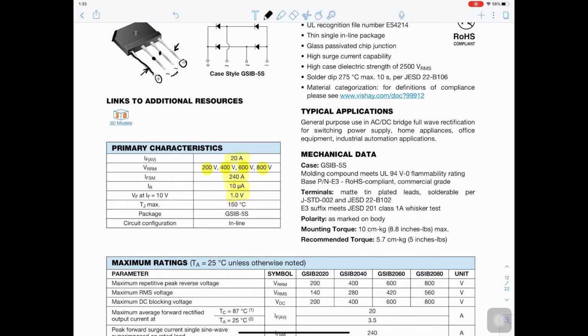Okay, so if you sketch the characteristic of the diode, here is I, here is V. So this current here, the reverse leakage current, is 10 micro ampere. The forward voltage here is 1 volt. We said that we will consider this to be 0, and we will consider this to be 0 if it is ideal.